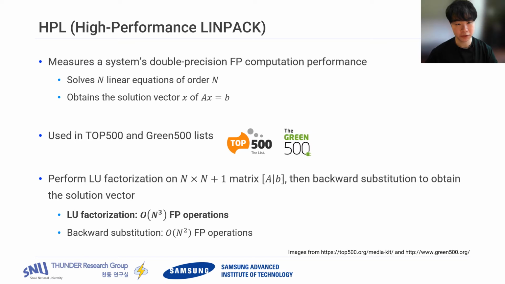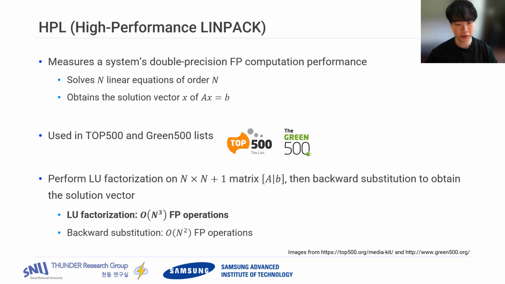HPL is a de facto standard benchmark to measure a cluster system's floating point computation performance. It solves n linear equations of order n, which is to obtain the solution vector x of the Ax equals b problem. The HPL benchmark is used in the TOP500 and Green500 lists to measure the supercomputer's performance and energy efficiency.